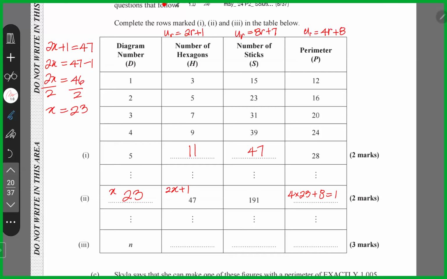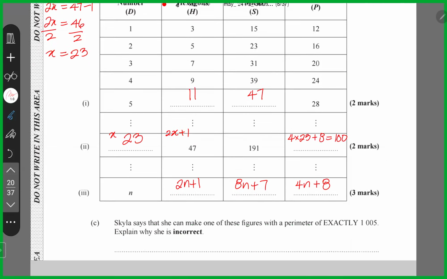The number here is 100. So if the figure number is n, this would be 2n plus 1. This would be 8n plus 7. And over here would be 4n plus 8. What else are we asked to do?